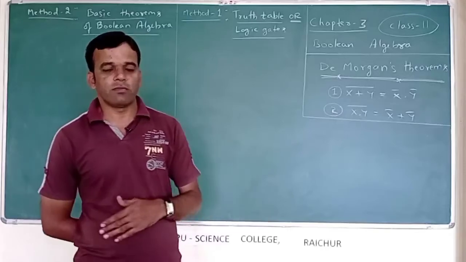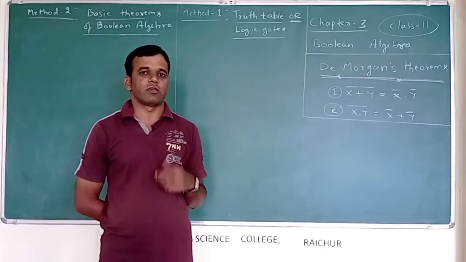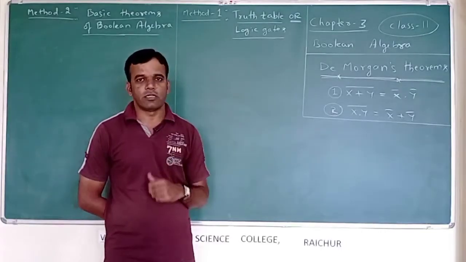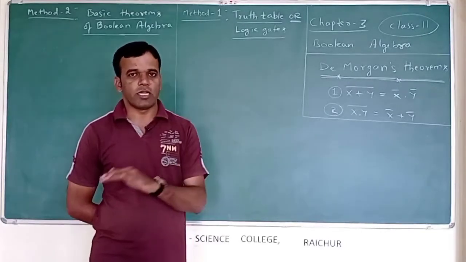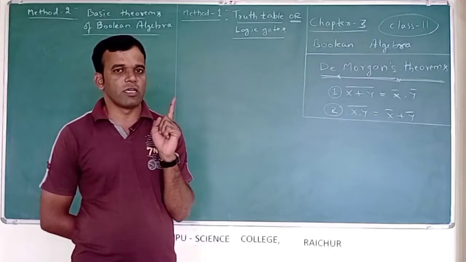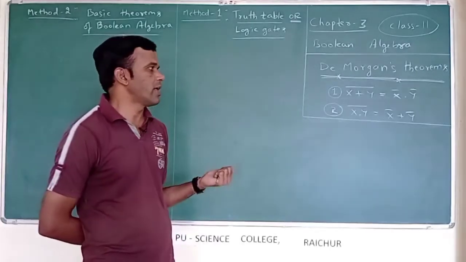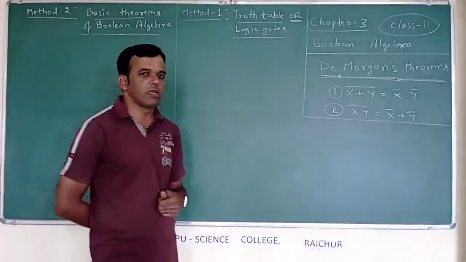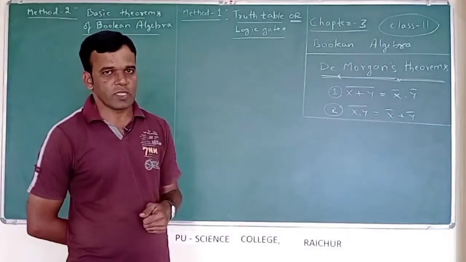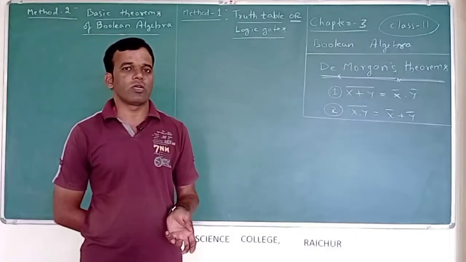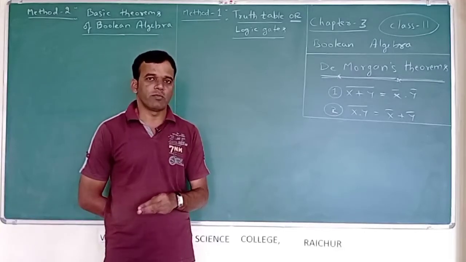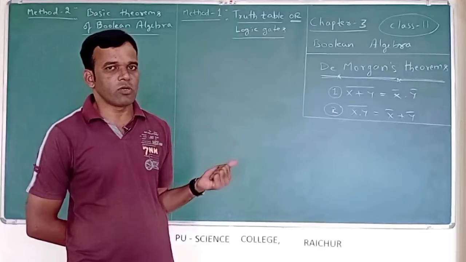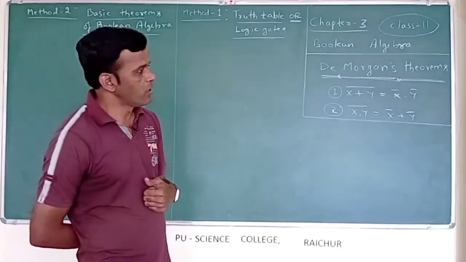We can consider them as the basic Boolean algebra theorems, and these two additional ones as special theorems given by De Morgan. So overall, in one way we can say there are 20 Boolean theorems. Among them 18 are basic, and the additional two are De Morgan's theorems.